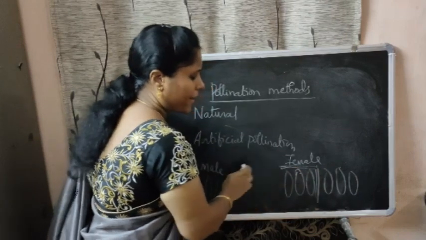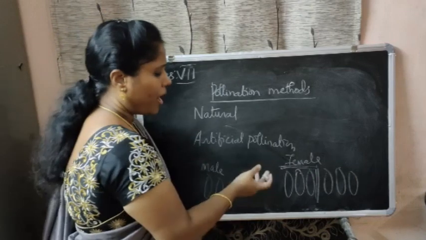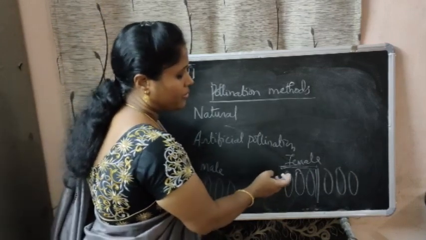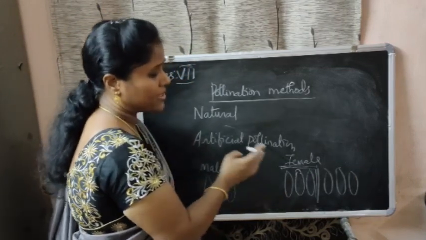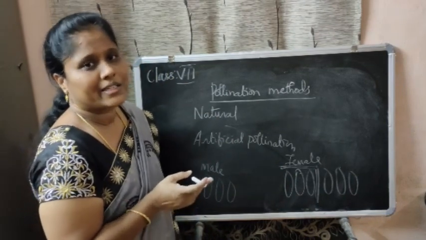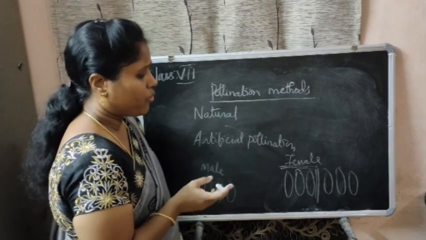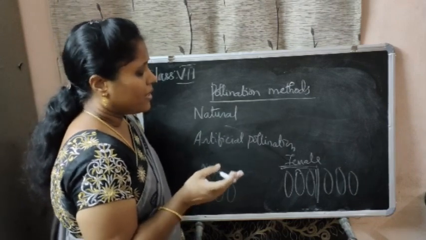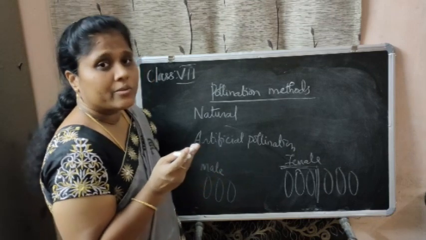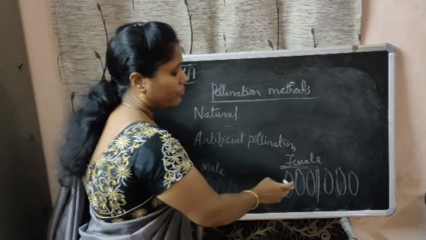Fusion of the male gamete and the female gamete takes place, and then a zygote is formed. This fusion of the male and the female gamete is called fertilization. After fertilization the zygote forms, develops into an embryo, and finally develops into a fruit.